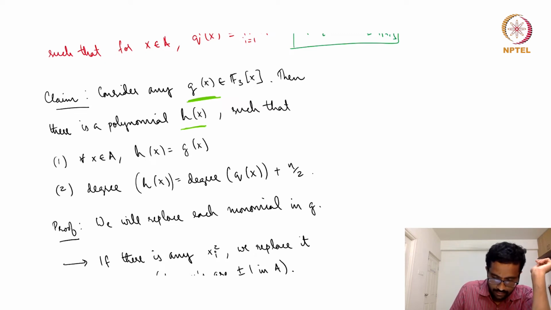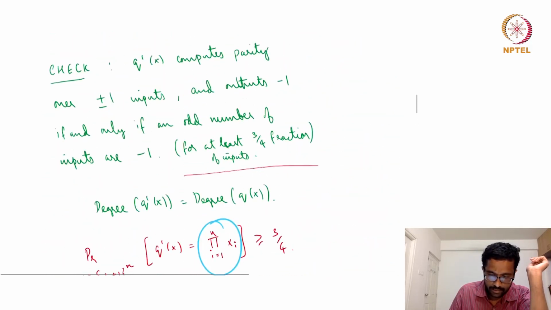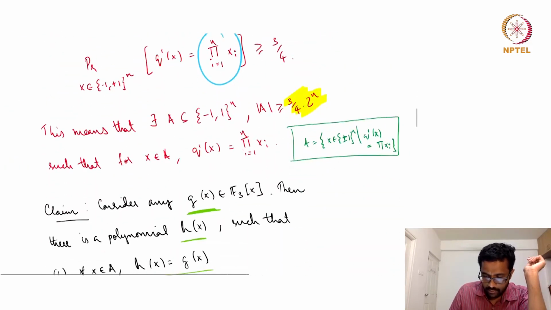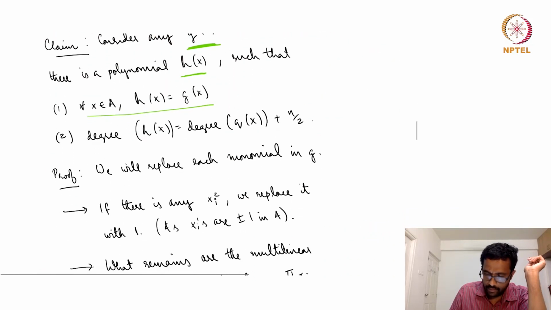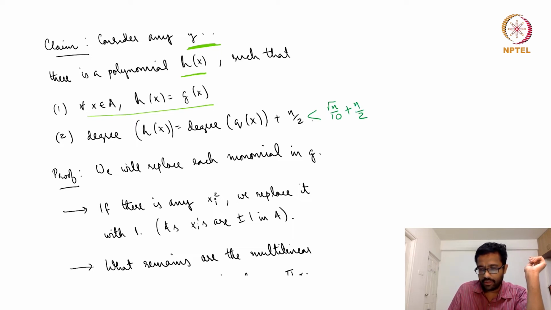And the degree of h will be the degree of Q plus n divided by 2. By assumption, the degree of Q was less than square root n divided by 10, this is what we assumed. So the degree of h is at most square root n by 10 plus n by 2. We already have this by assumption.